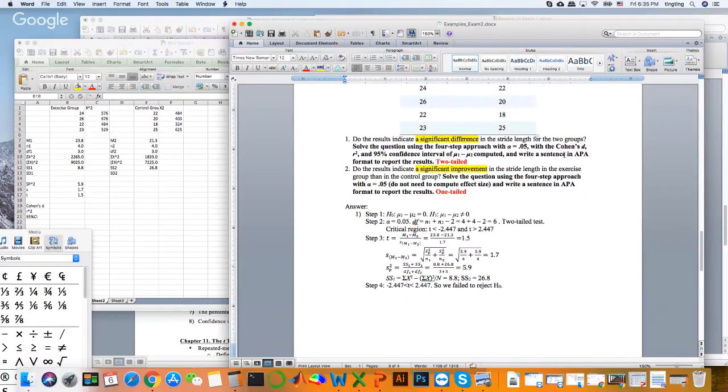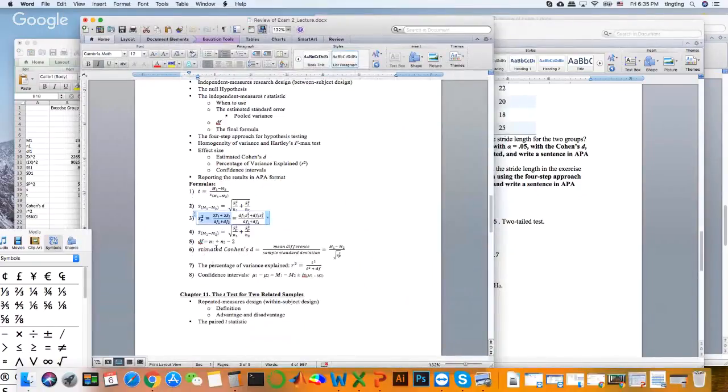And I'd also ask you to compute Cohen's d, r squared, and so on. Use the formulas.